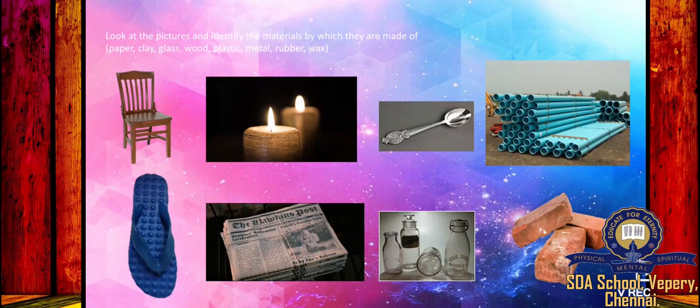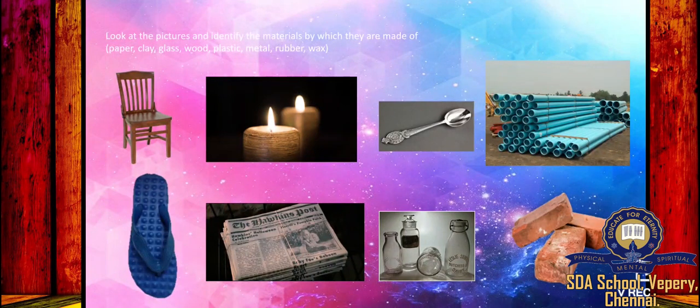Wood. Okay, so this is a wooden chair. So wood acts as a matter and this chair acts as a material. And in the second picture we can see a candle. Candle is made up of wax, right? So wax acts as a matter and candle acts as a material.